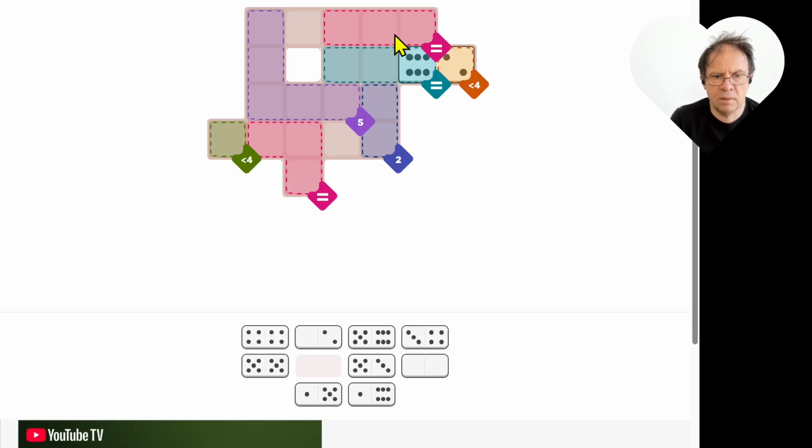But you have to put a double here. So that's got to be 4, 4, or 5, 5. So one of the 4, 4 has to be here, and the 5, 5 has to be here, or vice versa. I mean, you could, whatever. So what's the deal there?